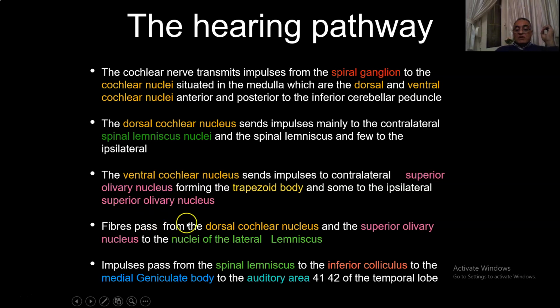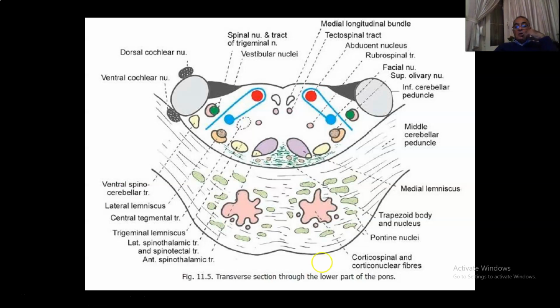Fibers from the dorsal cochlear nucleus and the superior olivary nucleus pass to the nuclei of the lateral lemniscus. Impulses pass from the lateral lemniscus to the inferior colliculus, then the medial geniculate body, and to the auditory area 41, 42, Heschl's gyrus, in the middle of the superior temporal gyrus, as we will see.